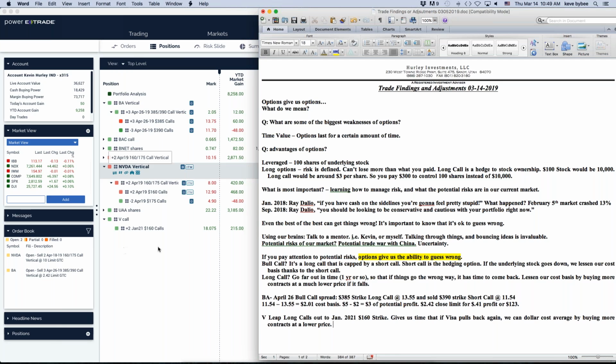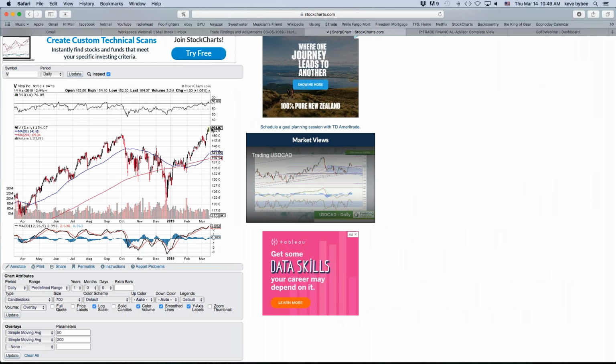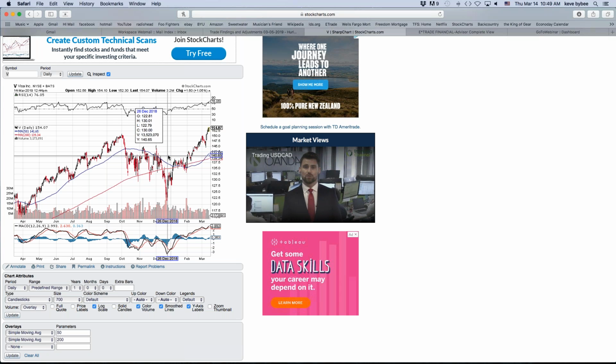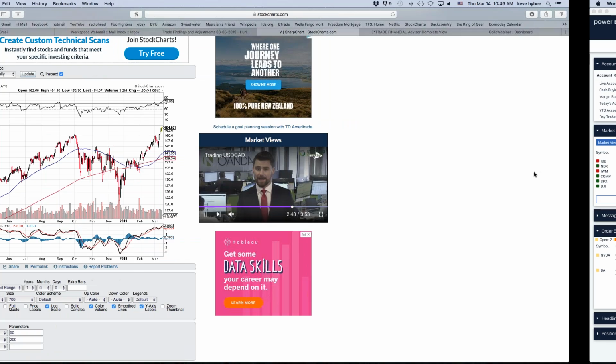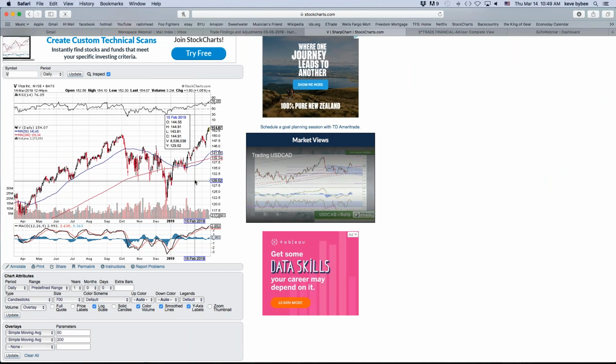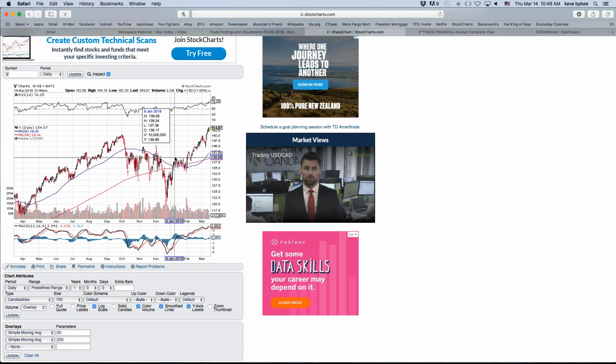So let's say Visa goes up for a bit and then just comes back down all the way down to test 140-ish. Obviously, that's going to be your next best support level. Maybe make a case for 145.